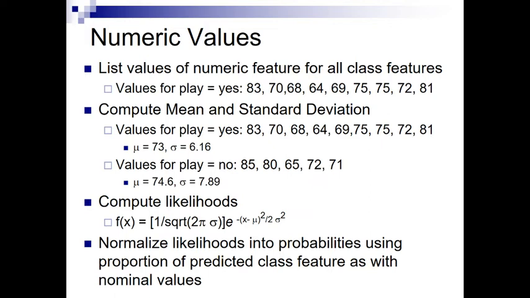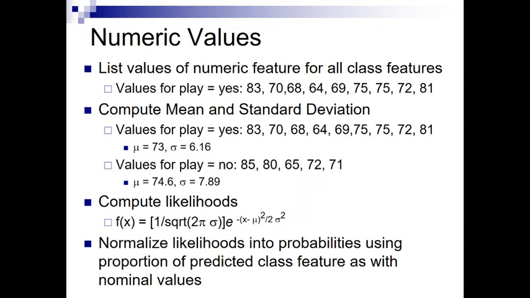And so let's say that this is temperature now. Typical temperatures for yes are what you see in the first bullet point. Typical values for no are in the second sub-bullet under the second bullet point.